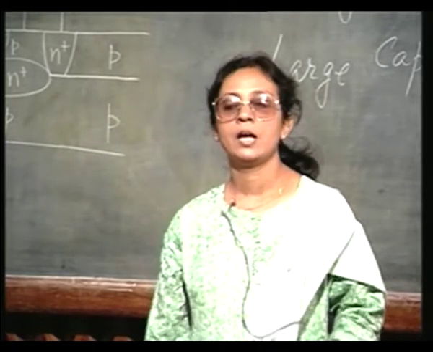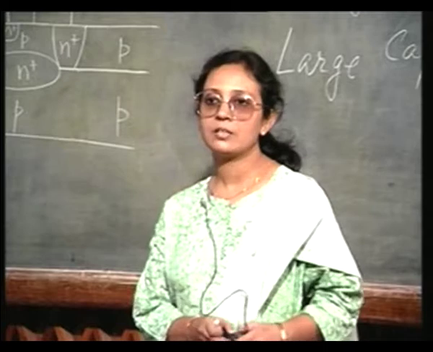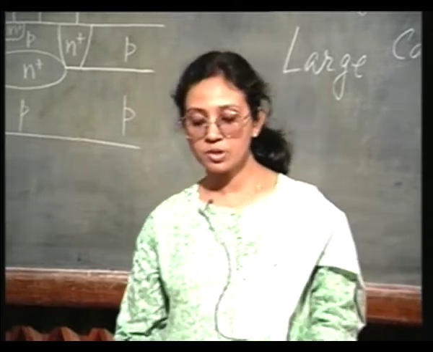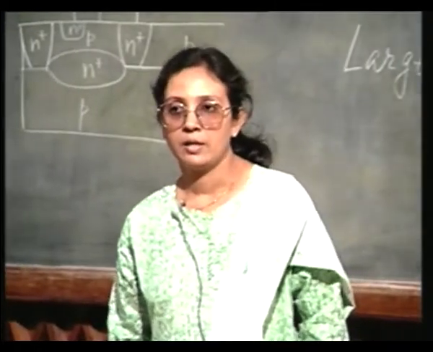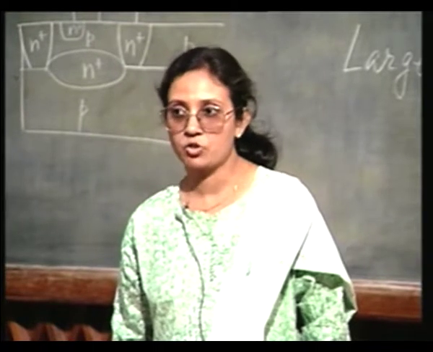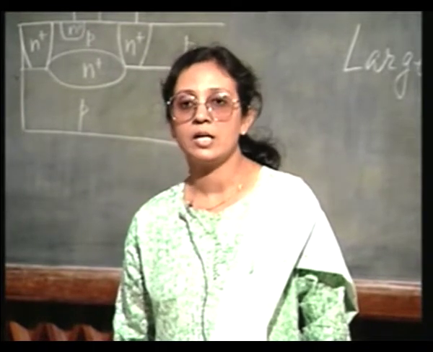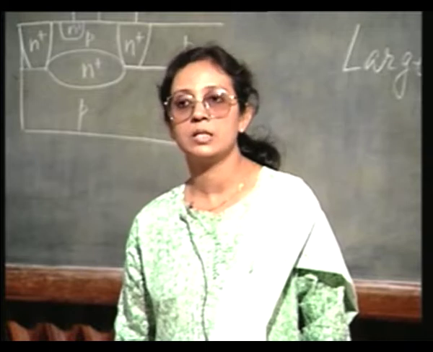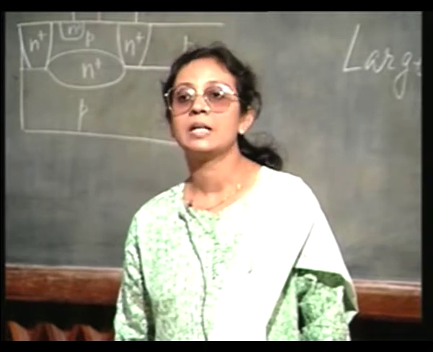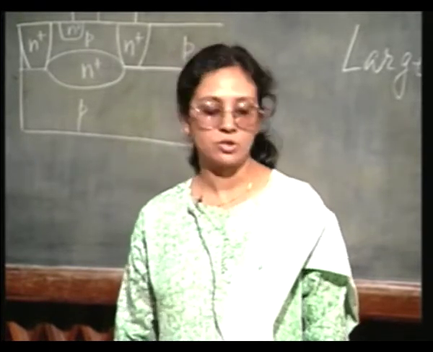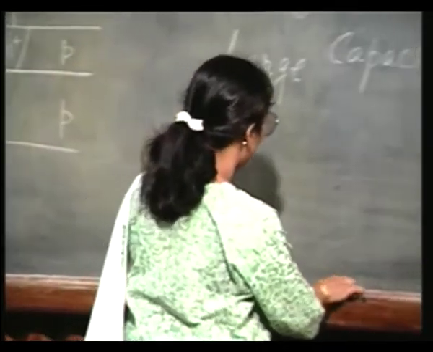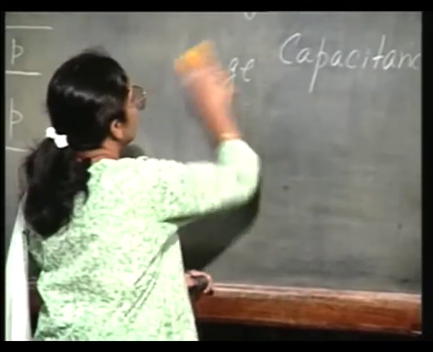Okay. So, another interesting technique is to use a dielectric material for isolation. Instead of using a PN junction, we go to a dielectric material for isolation. So, from junction isolation, we have moved on to dielectric isolation.